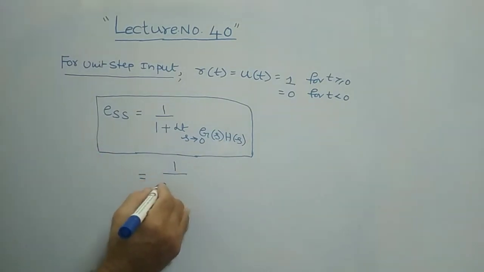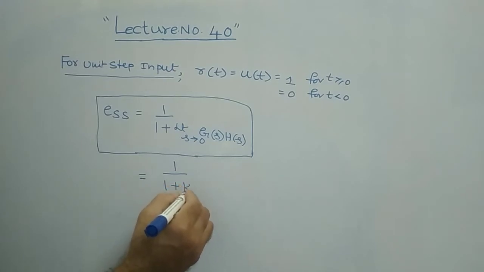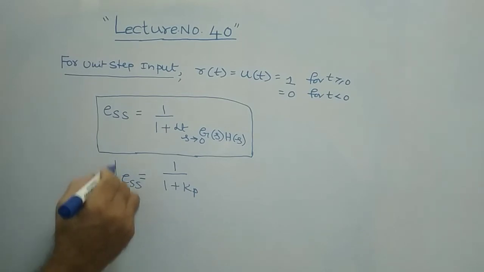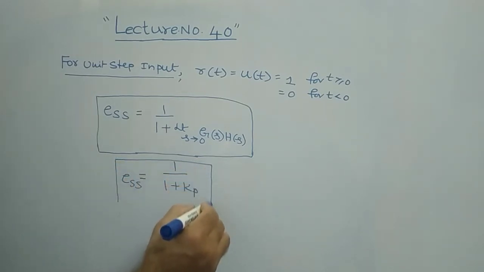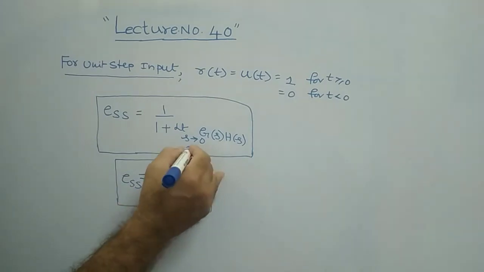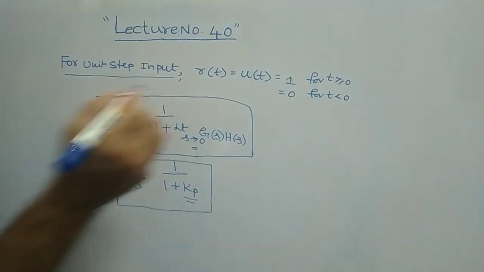1 by 1 plus Kp, I am writing this as Kp. Remember that ESS is equal to 1 by 1 plus Kp, where Kp is nothing but this much. Clear?